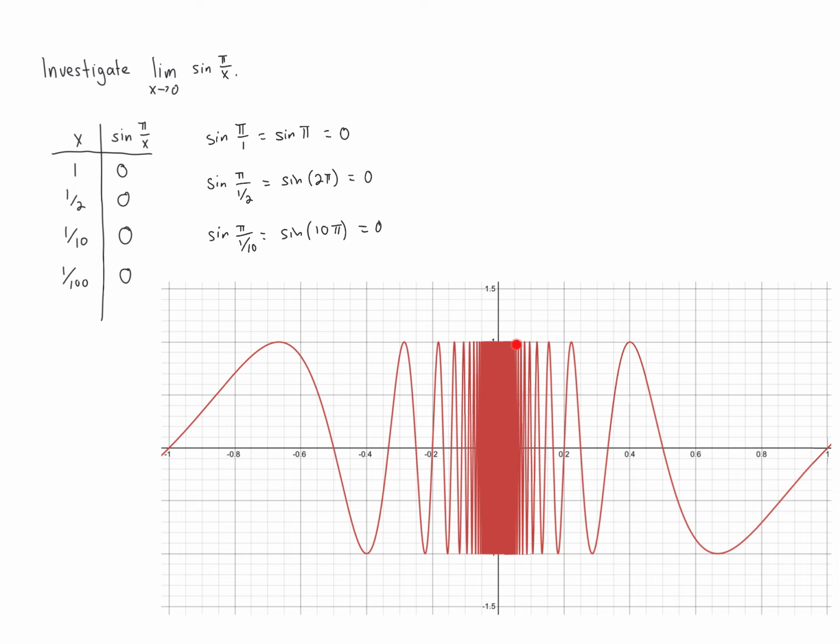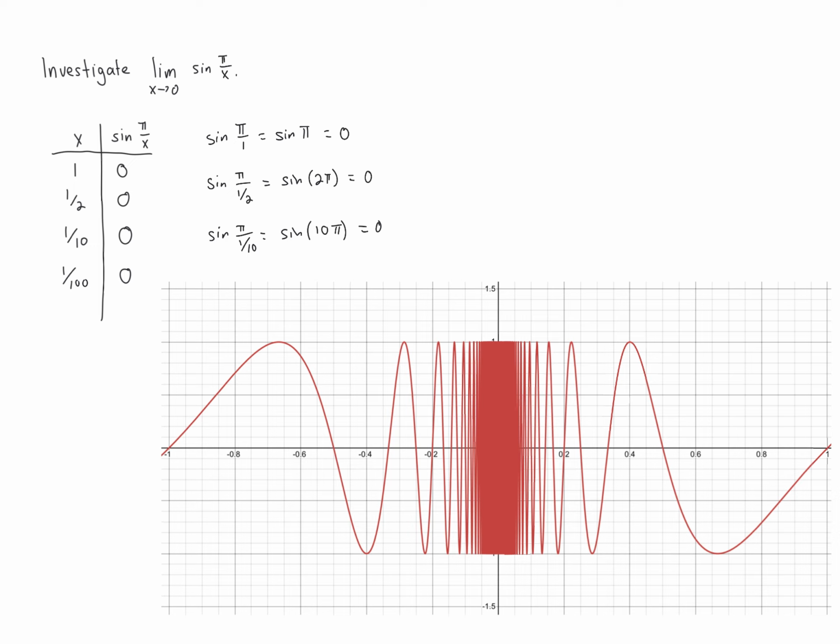And we get to the point where the width that the curve is drawn as is bigger than the distance between each oscillation. And so you can't actually tell between them. And it is actually oscillating up and down an infinite number of times in this gap.